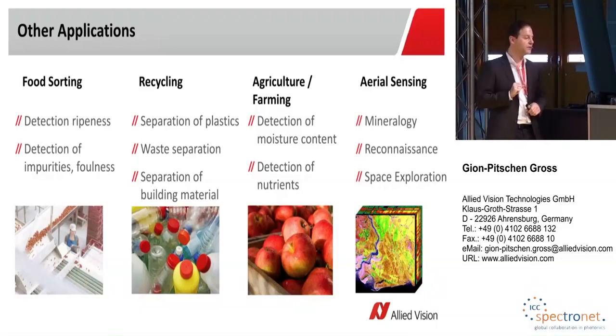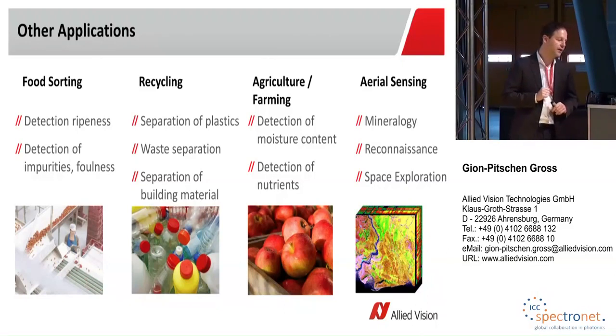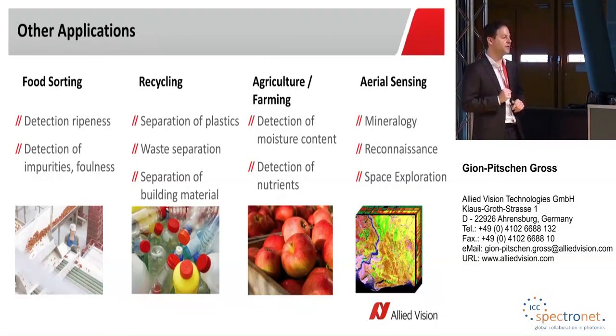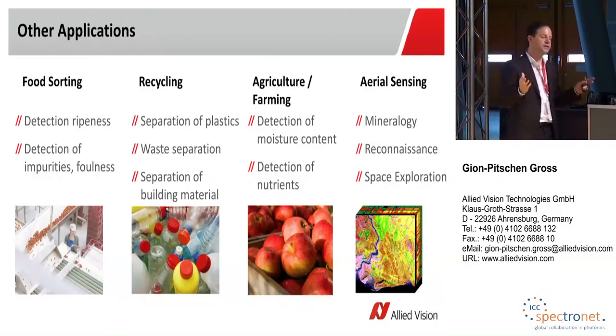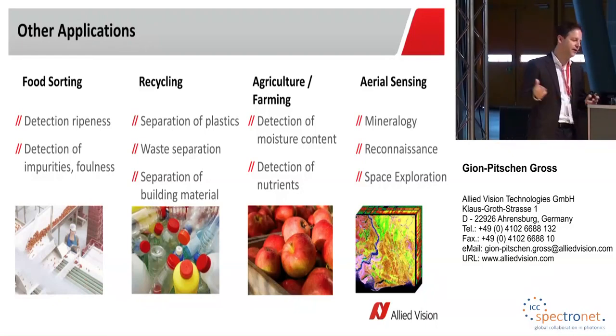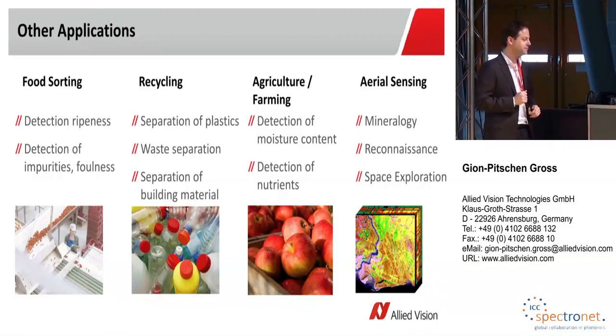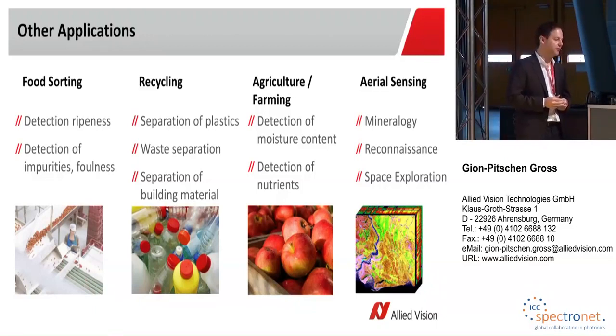I already mentioned recycling, so I can separate different plastics. Also, it is used in waste separation, where I never know what kind of materials I have. Can have so many. And it is also used in separation of building materials.